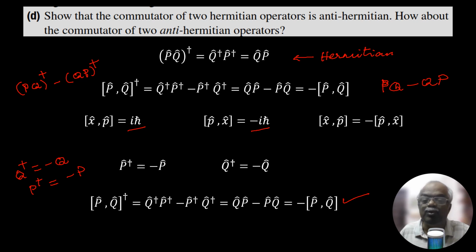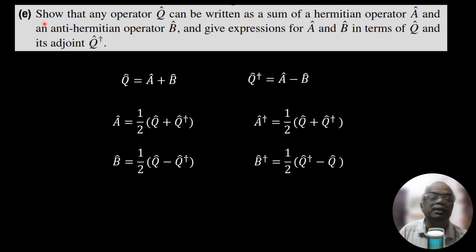We will move on to section E. Section E says that any operator Q can be written as the sum of a Hermitian operator A and an anti-Hermitian operator P. This you have to remember. P is the anti-Hermitian operator and A is the Hermitian operator.